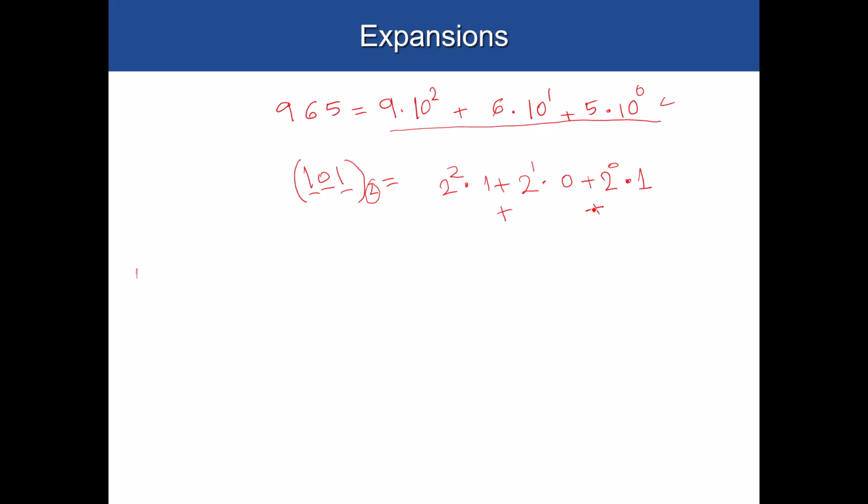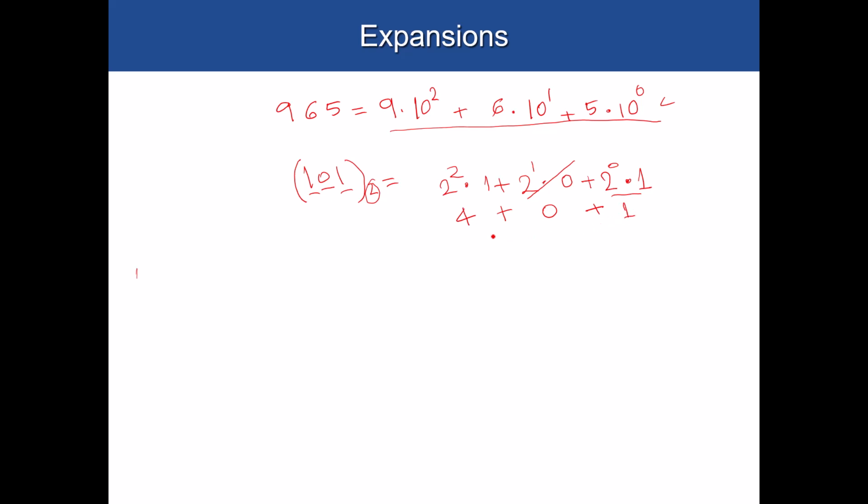Let's do that. So we have here 2 to the 2 is just 4 because 2 times 2 is 4, and this one we just cancel out because it is multiplied by 0, so it is 0. And for this one we have 2 to the 0, which means 1. 1 times 1 is 1.